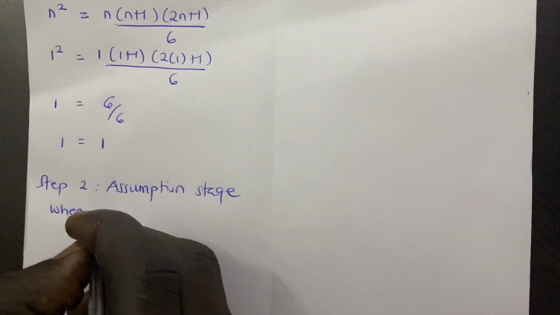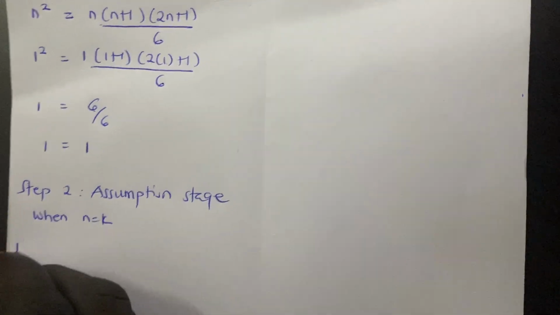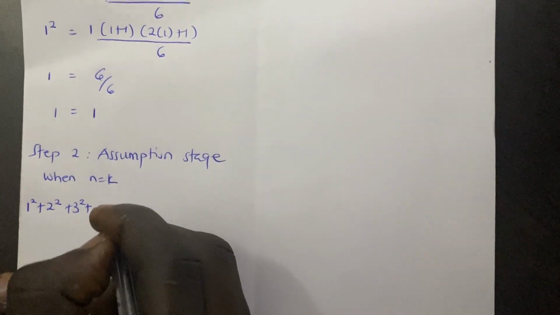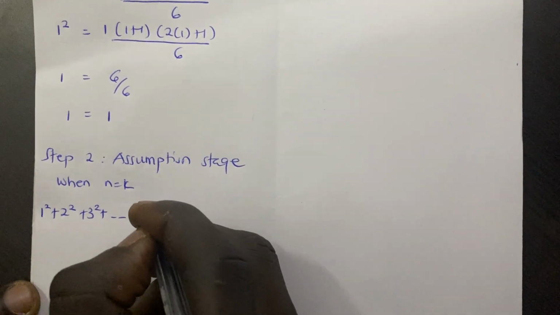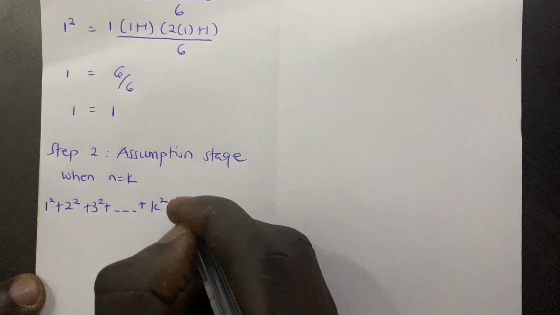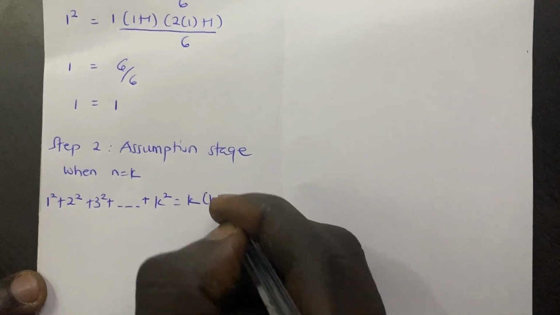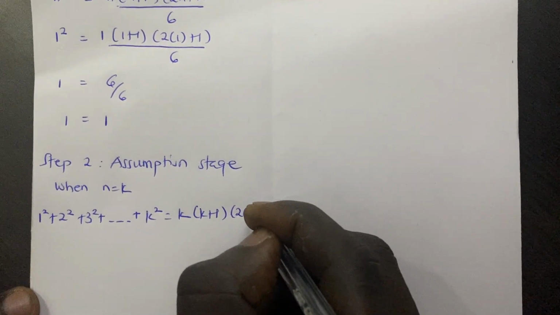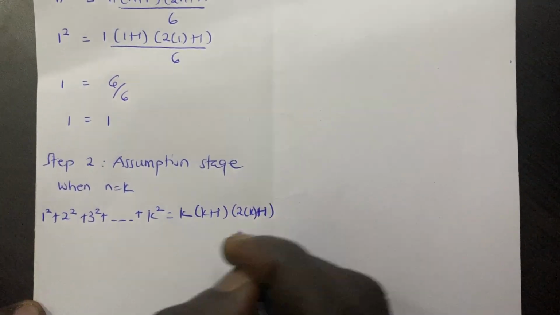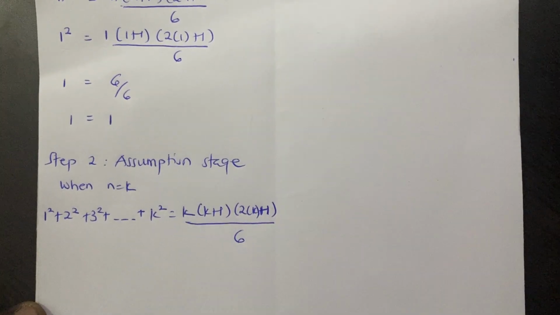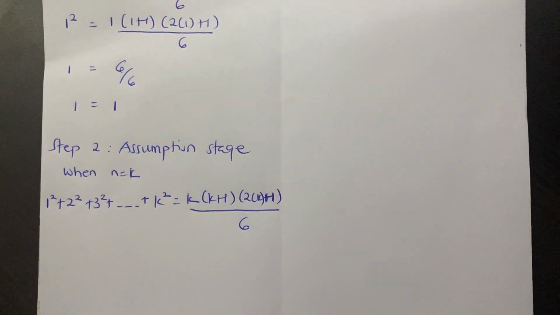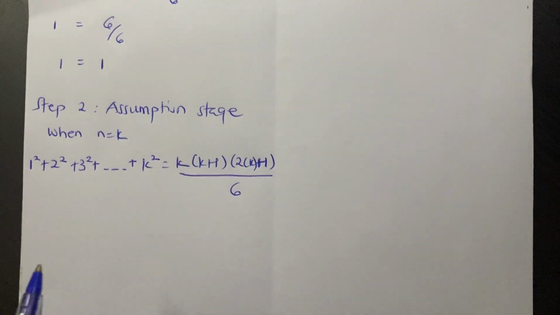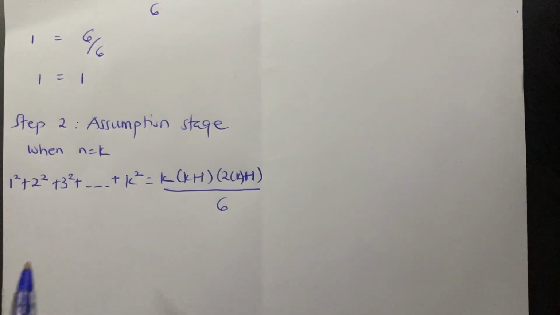So when n is equal to k, we are getting 1 squared plus 2 squared plus 3 squared plus whatever numbers are in here which we don't know, plus k squared is going to give us k times k plus 1, 2k plus 1, all over 6. And we are done with stage 2, right? So we just write it like this and then we are done. We don't do any particular thing to it. We just put k wherever we find n.